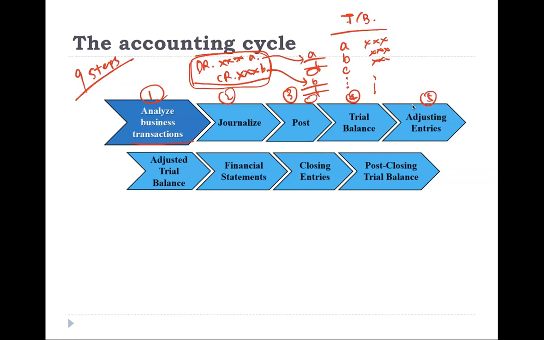So for those events, we need to make some adjusting entries at the end of the financial reporting period. After we have made the adjusting entries, they are posted to different accounts. And then we need to adjust our trial balance, which is step 6. So we're going to have a new trial balance called the adjusted trial balance with the new balances for accounts A, B, C, and so on.